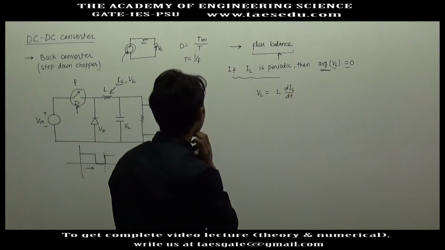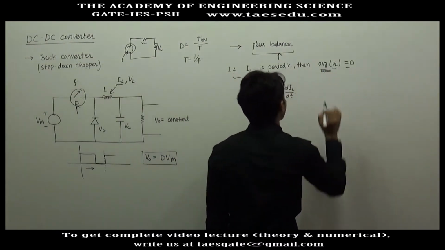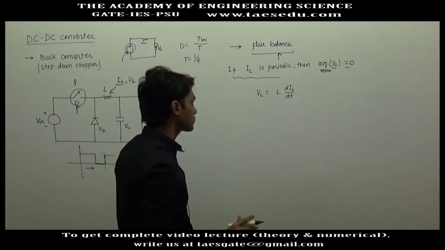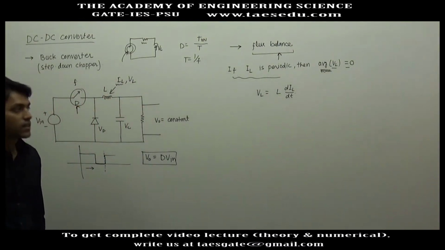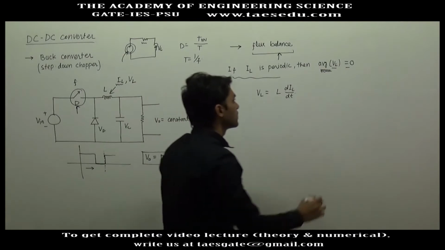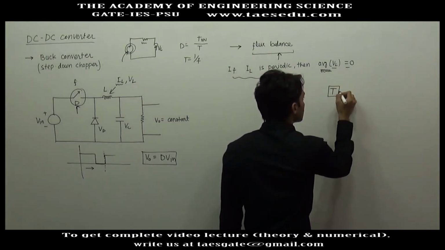Okay. Now if you want to find out the average value of inductor voltage, what will you do? Obviously inductor voltage, inductor current, each quantity will be periodic with the duration of the switching cycle.